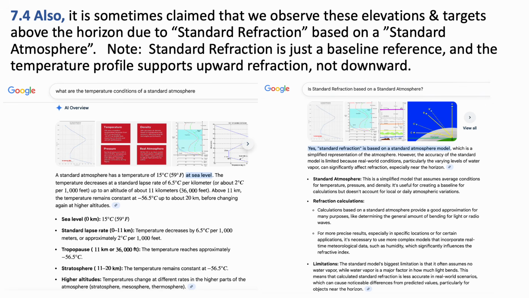Note, this standard refraction is just a baseline reference as mentioned in the text below, and the temperature profile actually supports upward refraction, not downward. So here they're talking about standard refraction based on a standard atmosphere. You can see they're showing a downward refraction effect, not an upward, which is typical with warm under cool air.